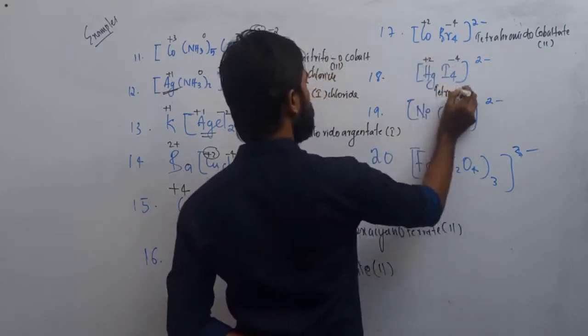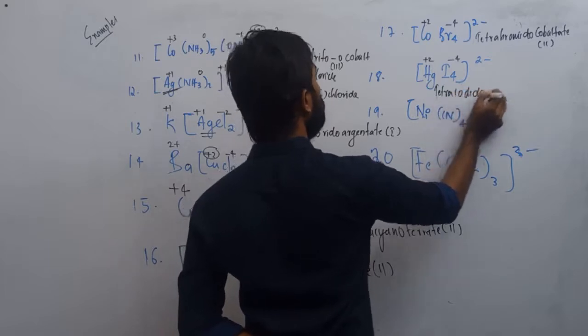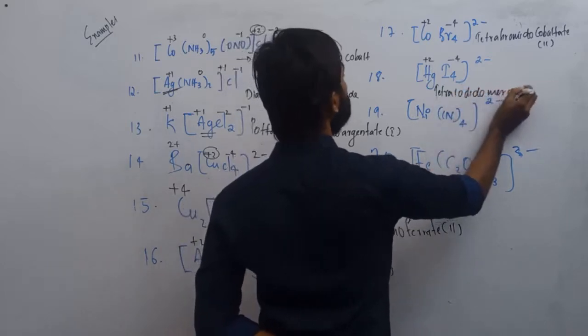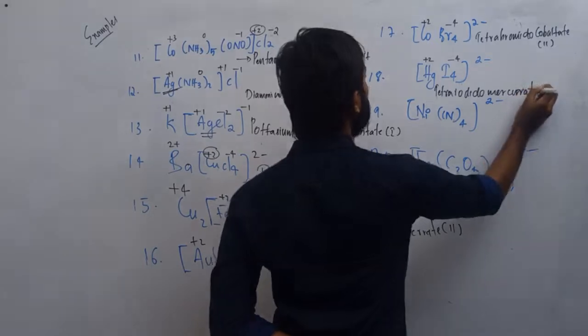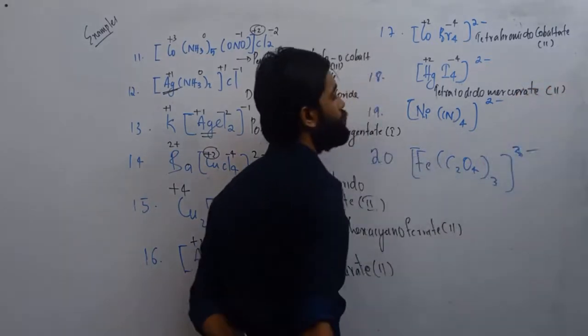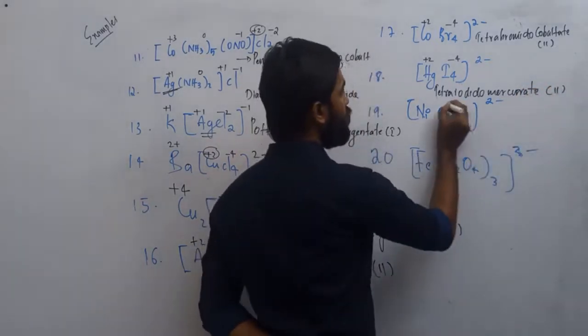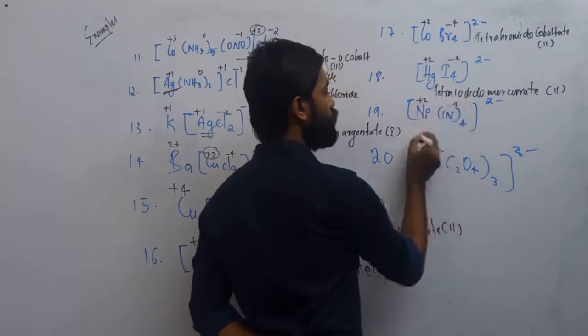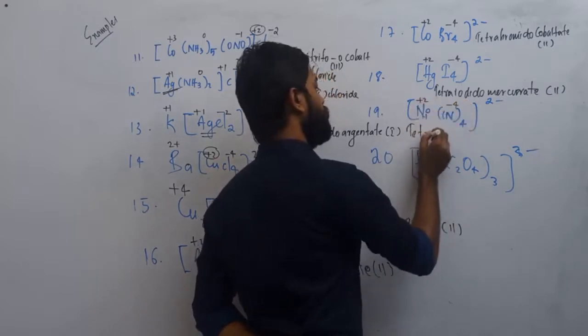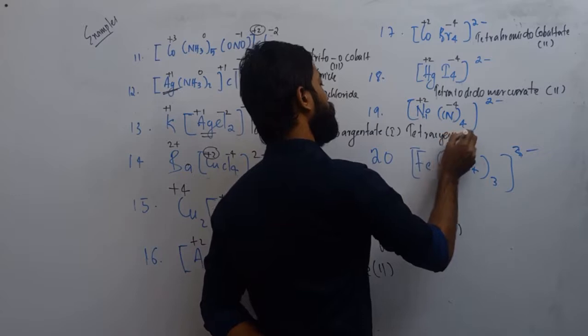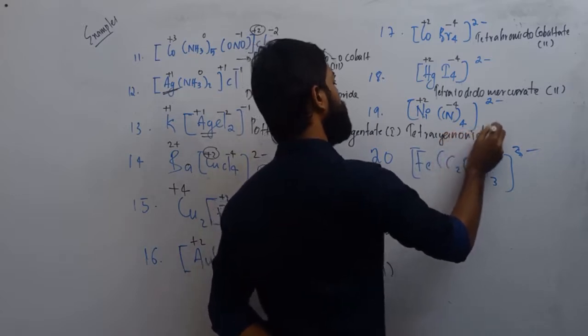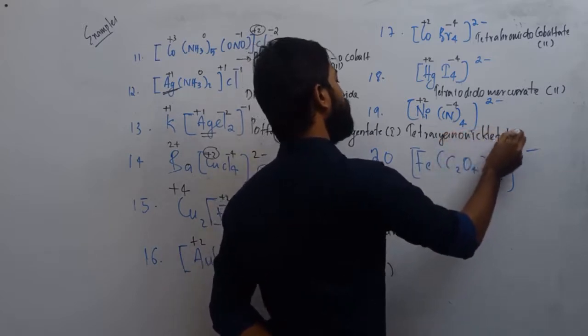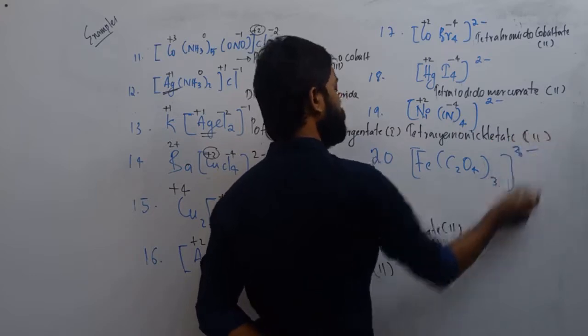Tetraiodido, iodido, mercurate. It's not mercury, mercurate 2. All charge -2, here it is -4, so this should be +2. Tetracyano, nickelate. Since it is an anionic entity, nickelate. Nickelate 2 is the category.